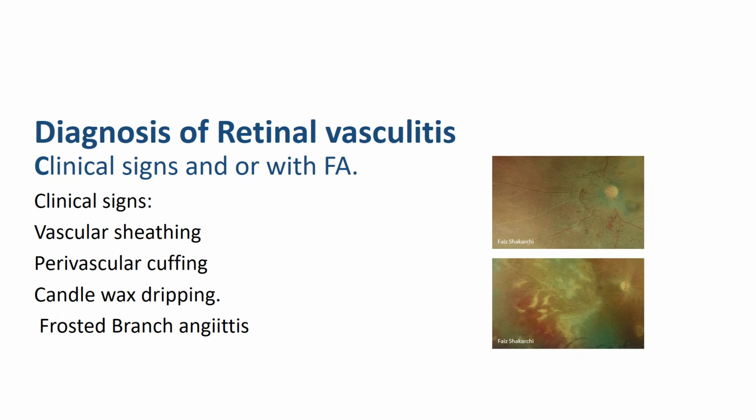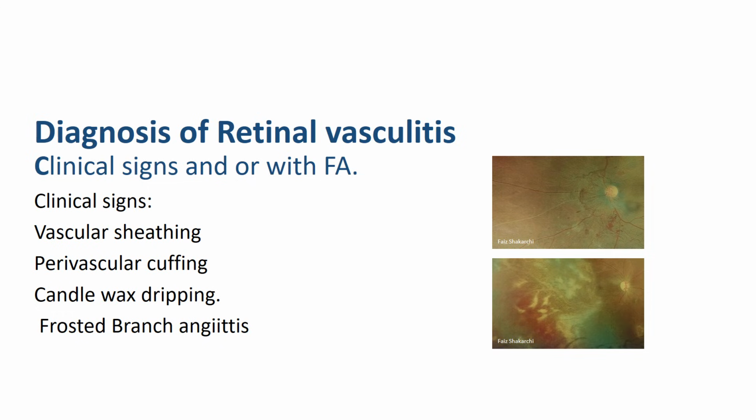Perivascular cuffing is perivascular yellowish-white patchy cuffing of the blood vessels, consisting of accumulation of exudates, sometimes exuberant perivascular exudation with the drops-like extension of the exudates to the adjacent retina called candle wax dripping, seen in severe types of retinal vasculitis such as in sarcoidosis.